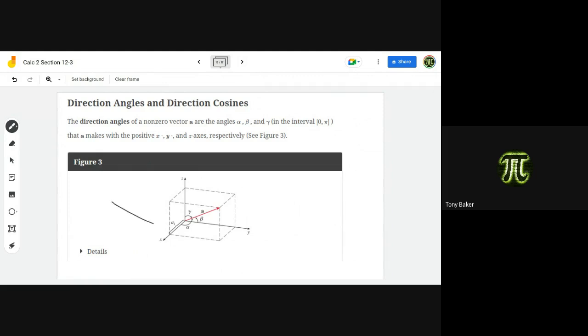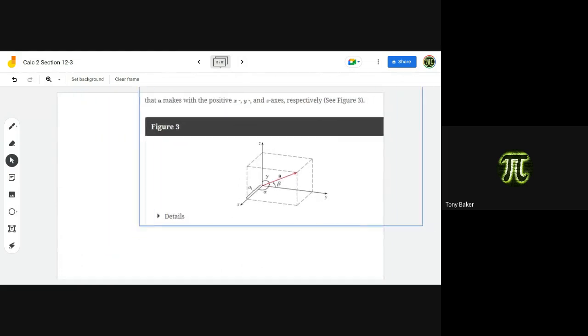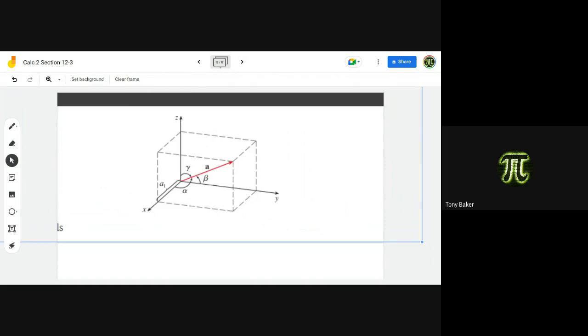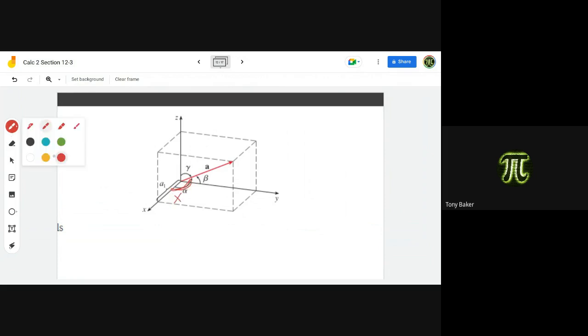If we look at the picture a little closer, I forget I can't just zoom with my finger on that one. So you can see the 3 angles here. So we've got that one to the x-axis. We have that's the y. And then we have, or sorry, that's the z. That's the y.